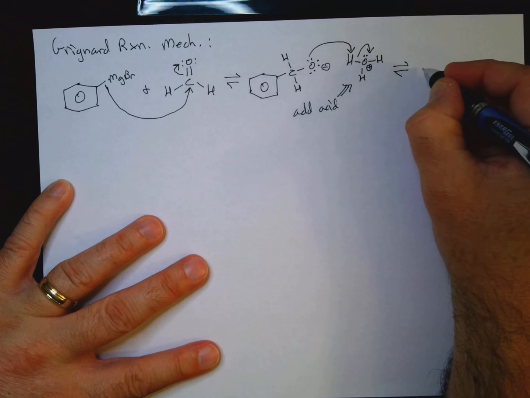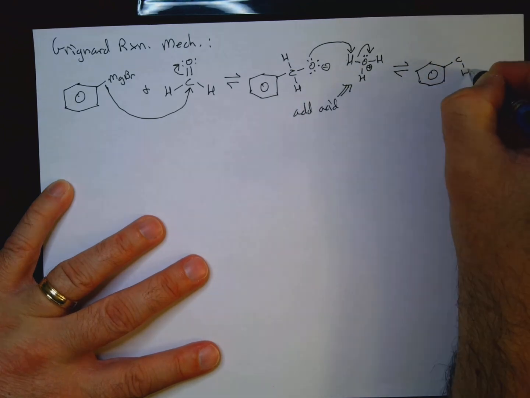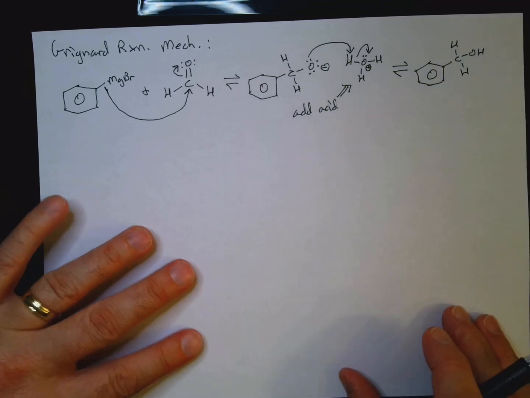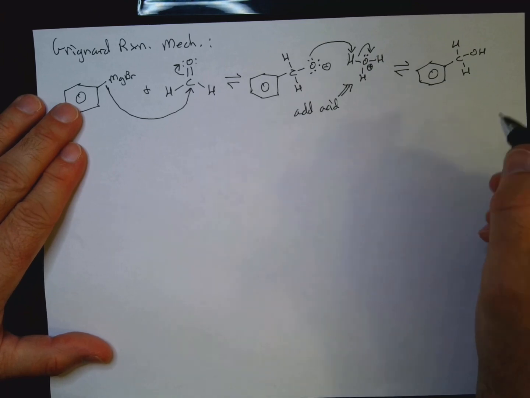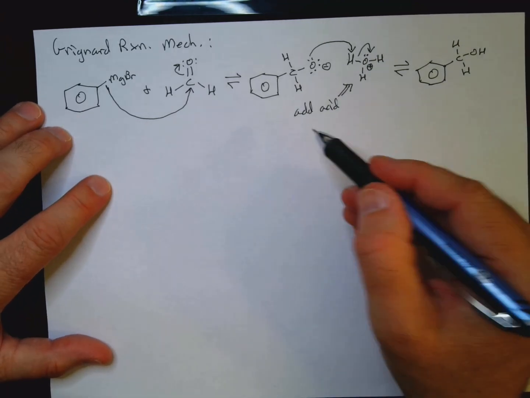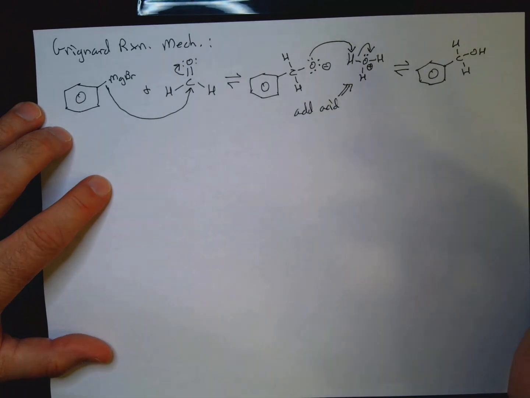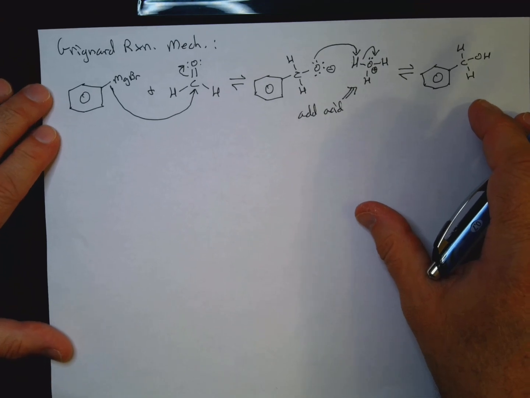And now, as our final product, we will have CH2OH. And again, the MgBr falls off and combines with OH. Anyway, we end up getting a salt. It's a solid that you can then dissolve in water.